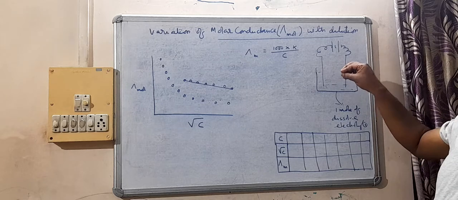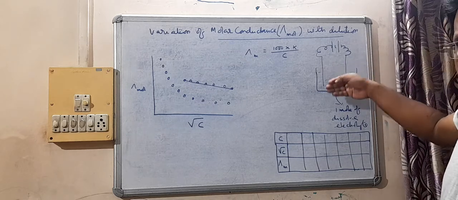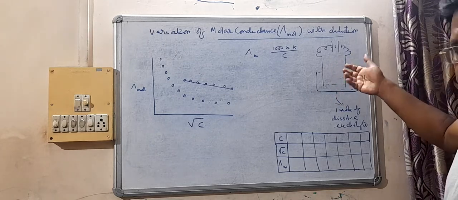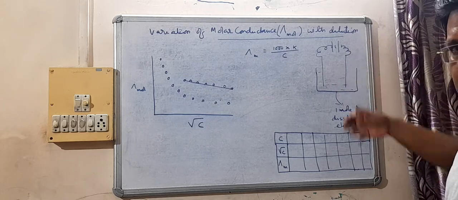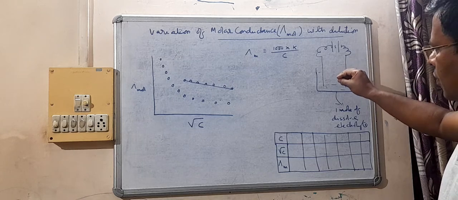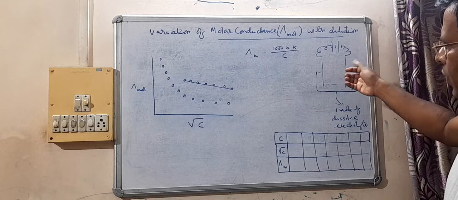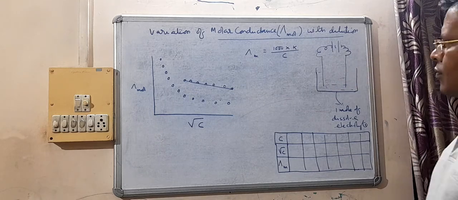If we gradually add water here, then it is getting diluted. On adding water here, dilution is increasing, and if on adding water dilution increases, at the same time concentration decreases.